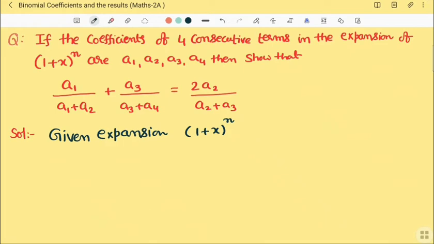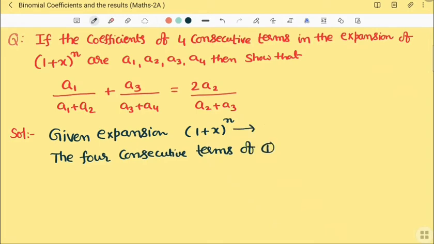In that, they are asking for 4 consecutive terms in the expansion. So, the 4 terms of the expansion (1+x)^n are, see, one by one I will write it, observe carefully.